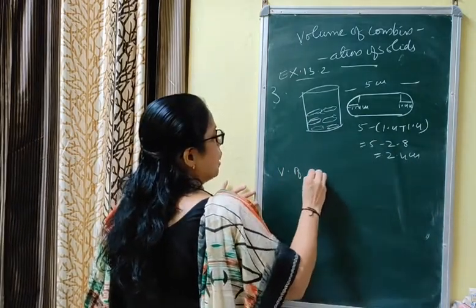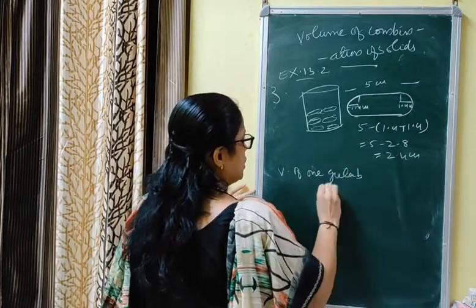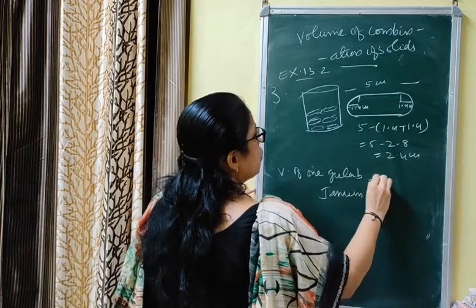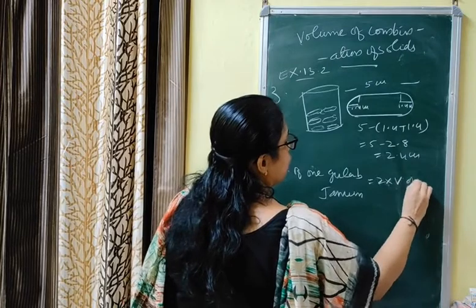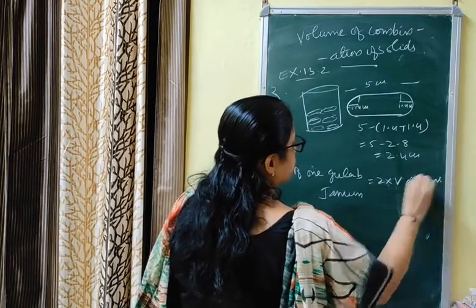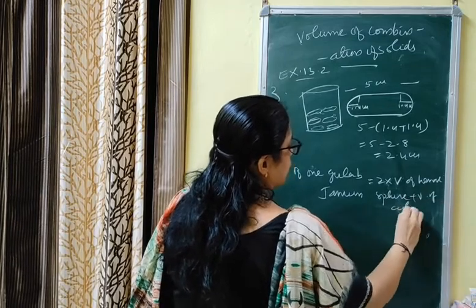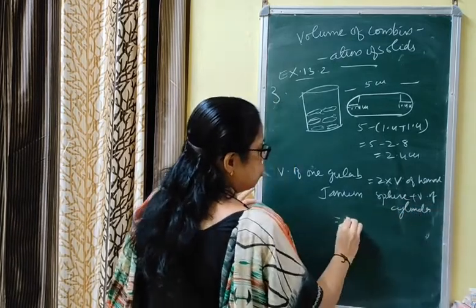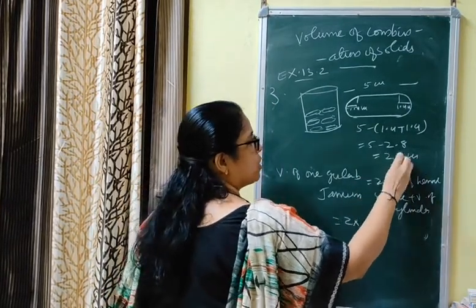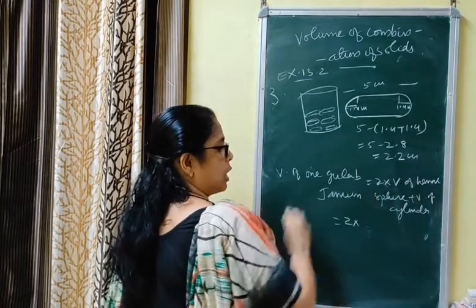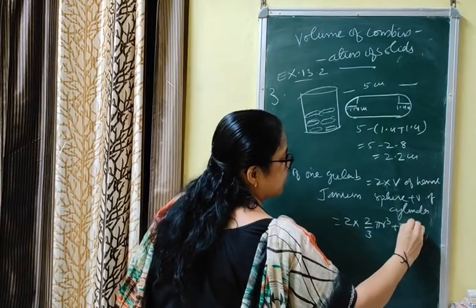Volume of one gulab jamun is equal to volume of 2 into, there are two hemispheres, 2 into volume of hemisphere plus volume of cylinder, that is 2 into, see 5 minus 2.8 is 2.2, be very careful about calculation, that is 2 into 2 by 3 pi r cube plus pi r square h.